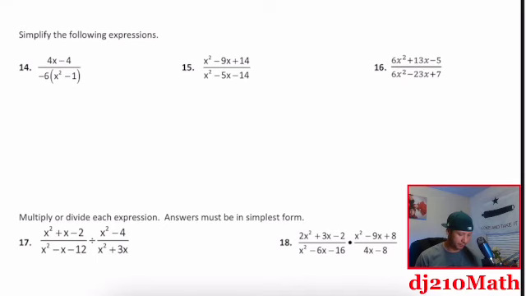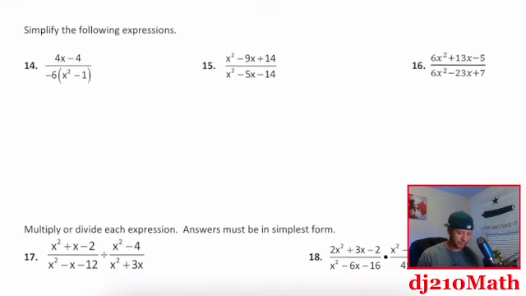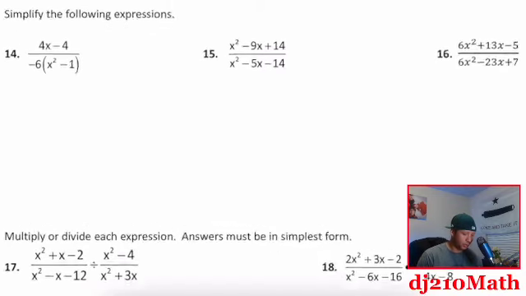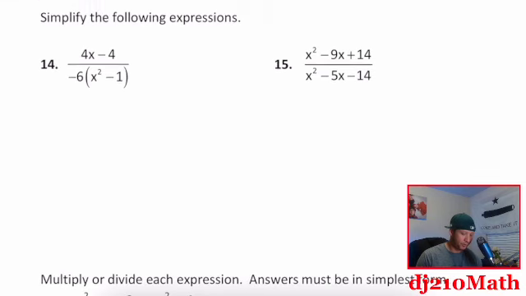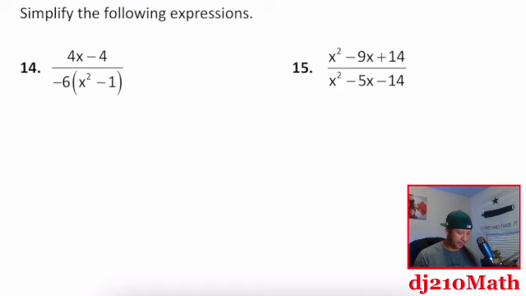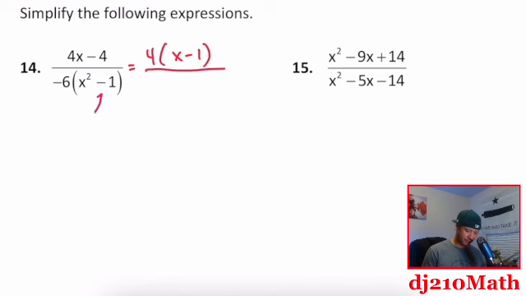Number 14. Simplify the following expressions. So, GCF, right? Top and then bottom. So, top, we can factor out a 4. X minus 1 is left behind. Factor the bottom. This right here is a difference of squares, right? Because it's a minus, x squared minus a perfect square.